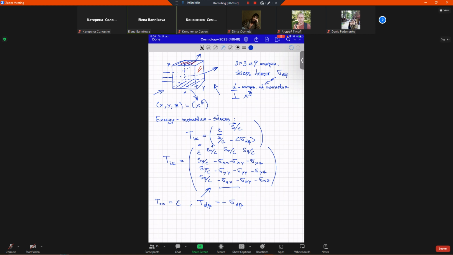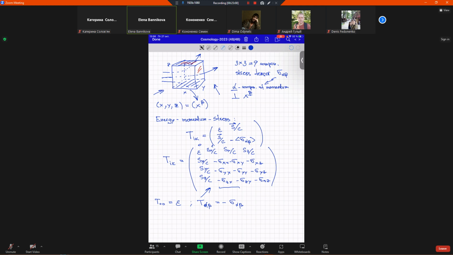This is a tensor which represents a 3 by 3 matrix. But the energy momentum stress tensor contains all the information. And for us it is important that when we always say the word tensor, we always remember that this value is covariant under the passing to another coordinate system. So for us, it's important.